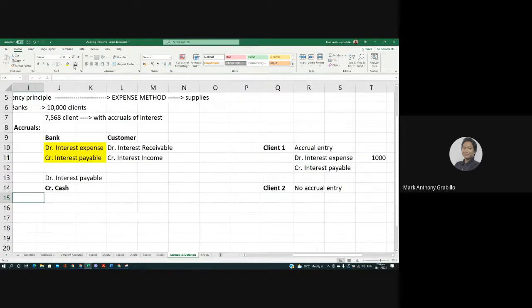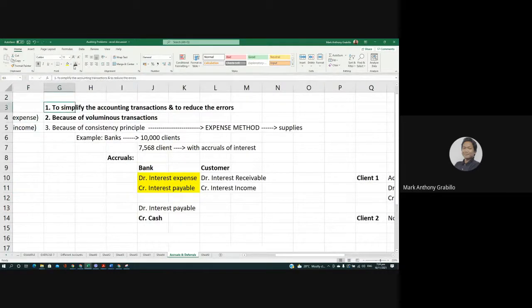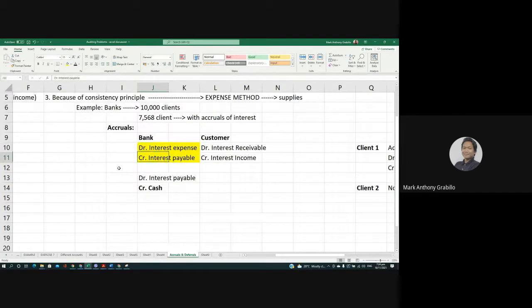So, what we will do, for the purpose of making our transaction recording easier, is that we no longer need to monitor all of our accruals. The following year, or the following accounting period, we need to do reversal.